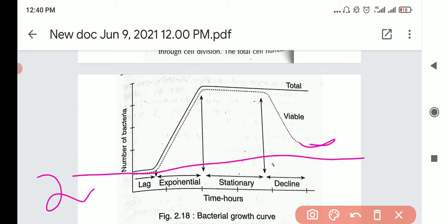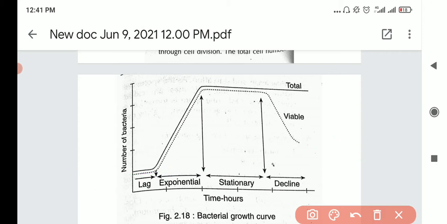Some of us will be vulnerable to this virus, yes, but the population will never fully die off, because there are some who will be resistant and resilient. That fighting spirit is so strong. Even here, the fighting spirit of these bacteria is so strong that even though the toxic substances accumulated, they still maintain their population at that much. So I think this graph is clear.